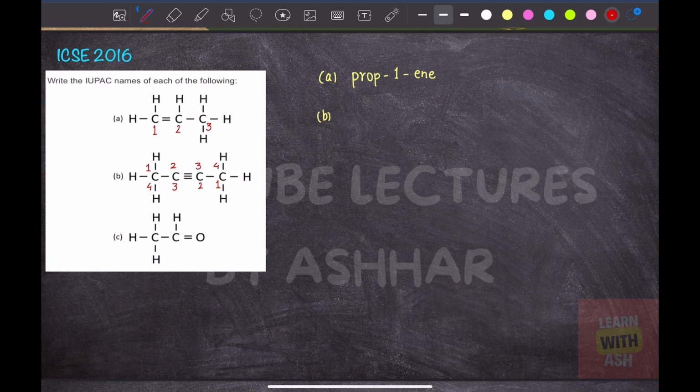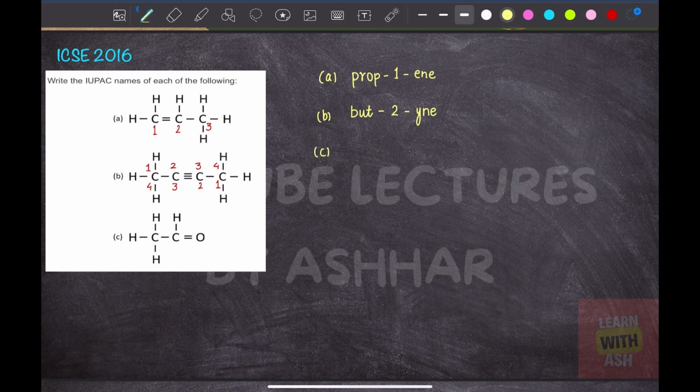Then also it is coming the same way. So I can write, since there are 4 carbons, but, followed by, where is the triple bond? At the second carbon, and the wording for that is yne, Y-N-E. This will be the answer for the second one.